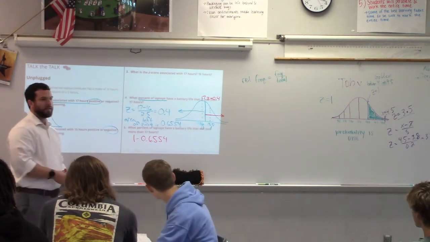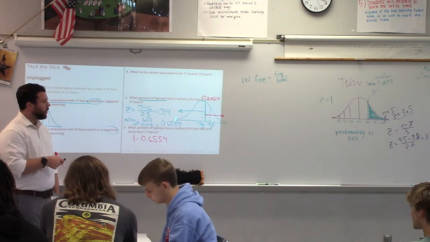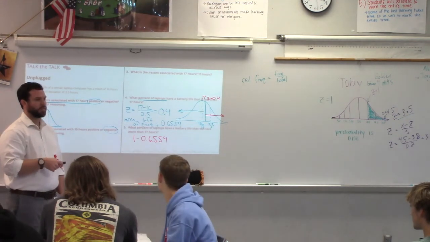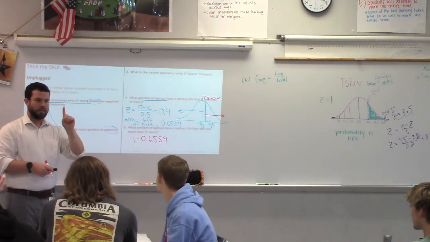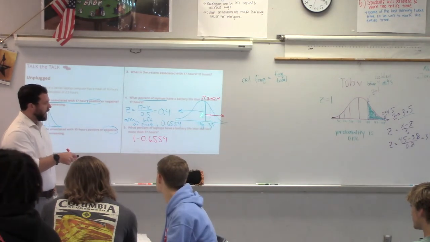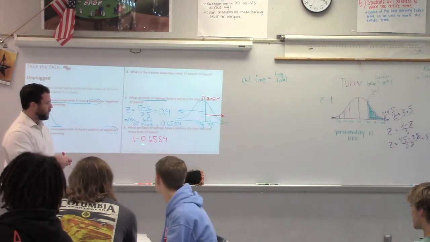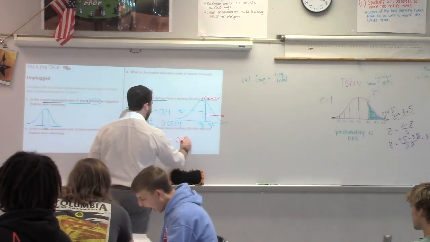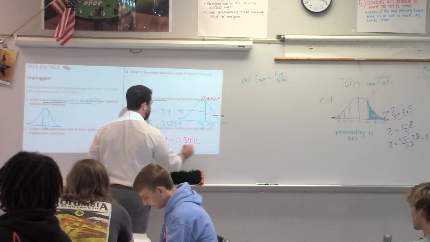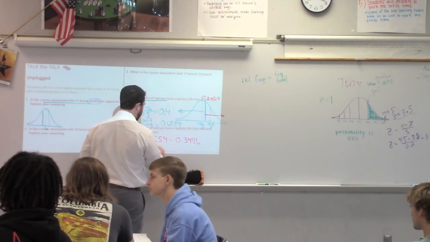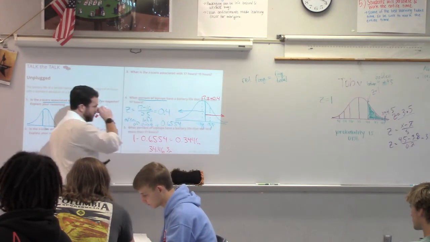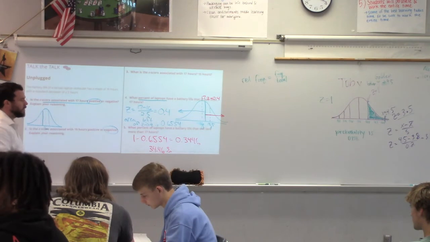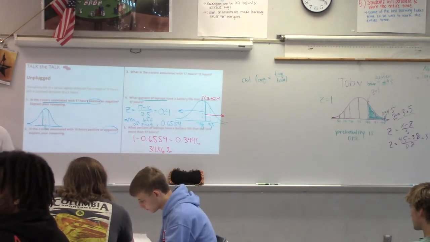If you've forgotten this, what is the total area underneath the standard normal curve? 1. So if we have this to the left, what's to the right is 1 minus that, which leaves me with 0.3446, or 34.46% of those laptops have a battery life more than 17 hours.